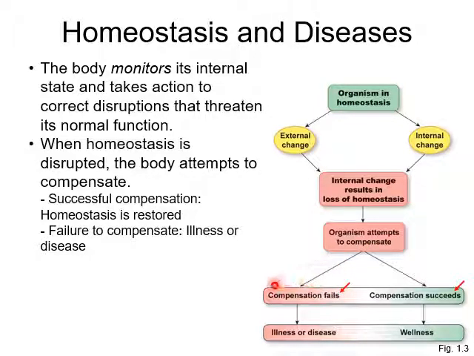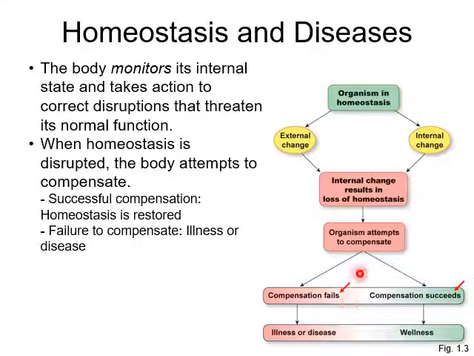At a certain point, that compensation fails. The external temperature is too cold for you to be able to produce enough heat to keep your core body temperature up. Compensation fails and you can get illness. In the worst case scenario, if you're left out there, you can get disease or death.